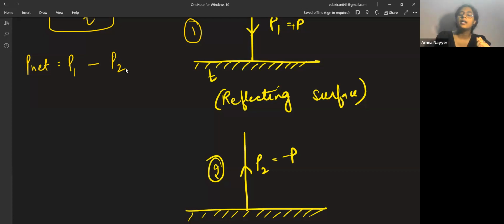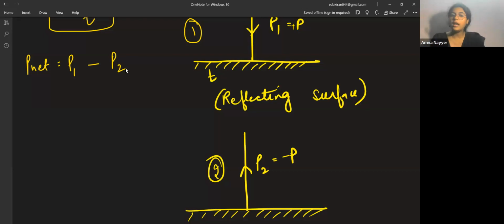Now see, here both have exactly opposite directions. So you have to consider sign convention here. Take one as positive, take the other as negative. Suppose I have taken downwards as positive and upwards as negative. So P1 will become plus P and P2 will become minus P. Right, simple.